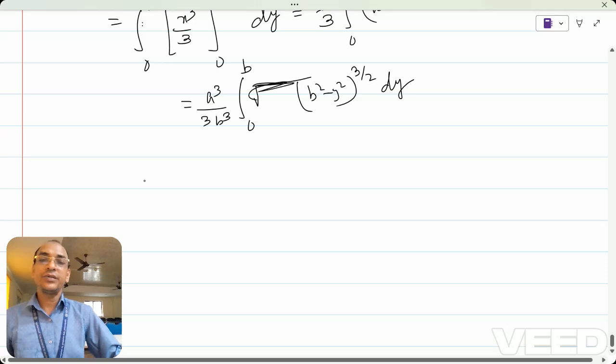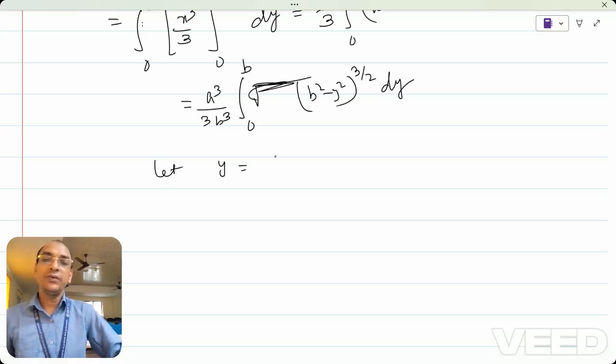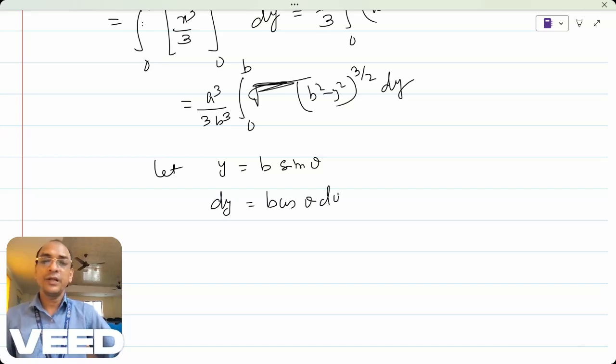So what is the substitution you can do? Let y equal to b sine theta, then dy will be b cos theta d theta.